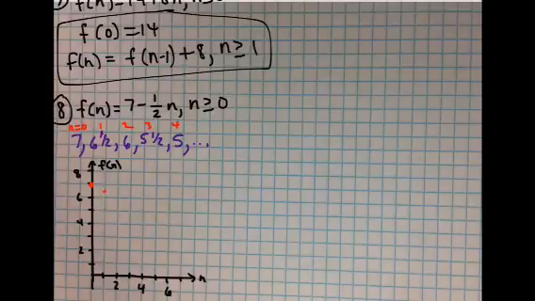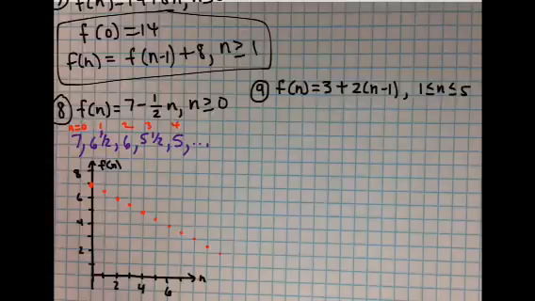When n is 2, we get 6. When n is 3, we get 5.5. And when n is 4, we get 5. And we could keep going. My list didn't go that far, but we could keep going. So it's just down 1/2. I could stop right there.